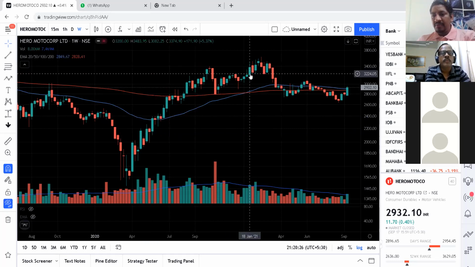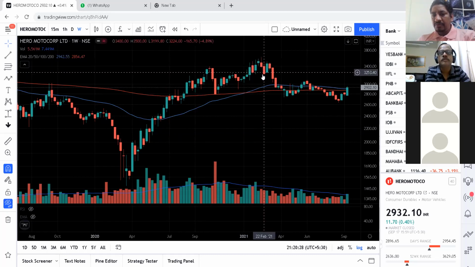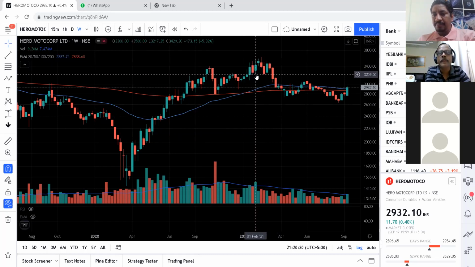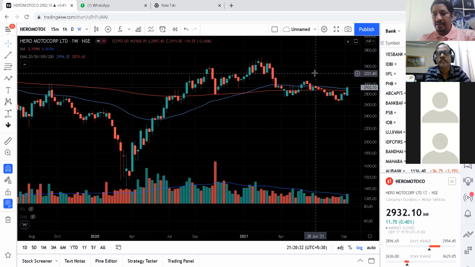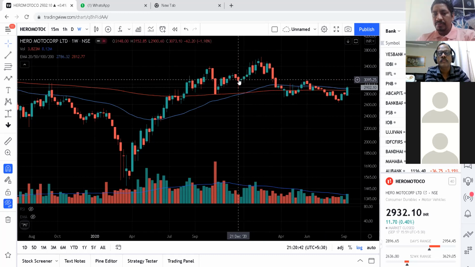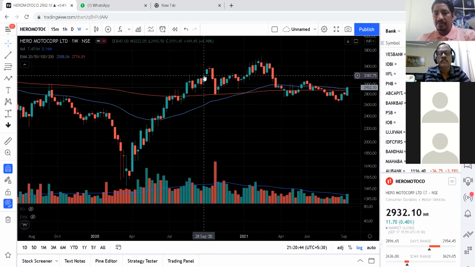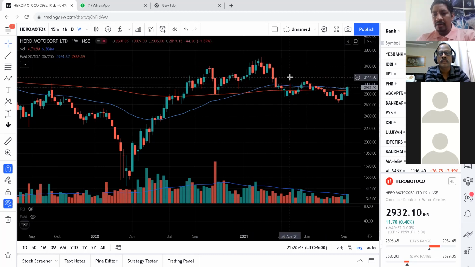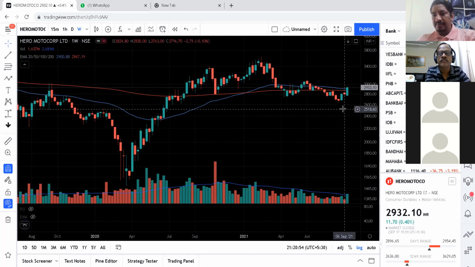And same, Darpanji, on the reversal also. See here, base formation happened. Look at my cursor. Can you see this particular zone? Price has gone up. So this is a support, 3231, this zone, right? So when price came down, it went up to take some kind of retest and then came back.